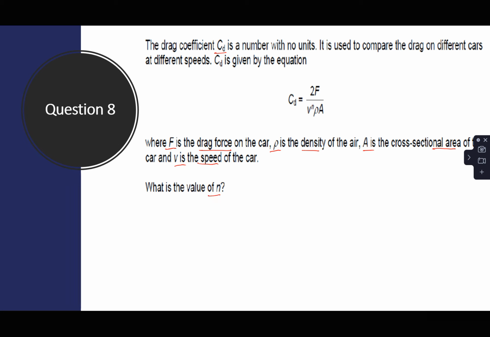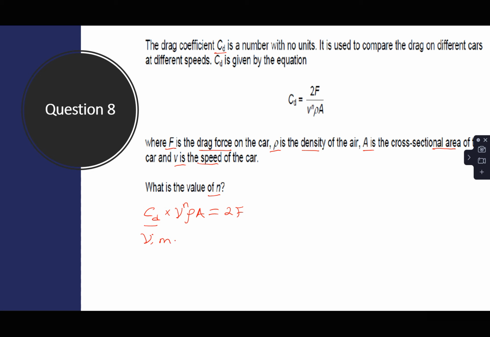Because we want N and N is a power, all we shall do is to equate the base units. But to make this look a little bit simpler, I will begin by cross multiplying. So the drag coefficient CD is going to be multiplied by V power N times density times cross-sectional area, being equal to twice F. Remember, CD has no units, but V is speed.